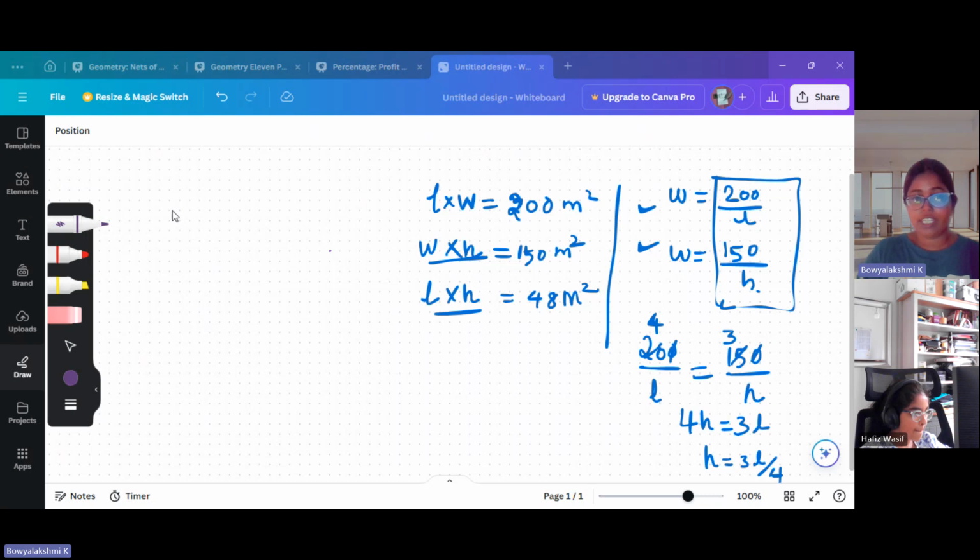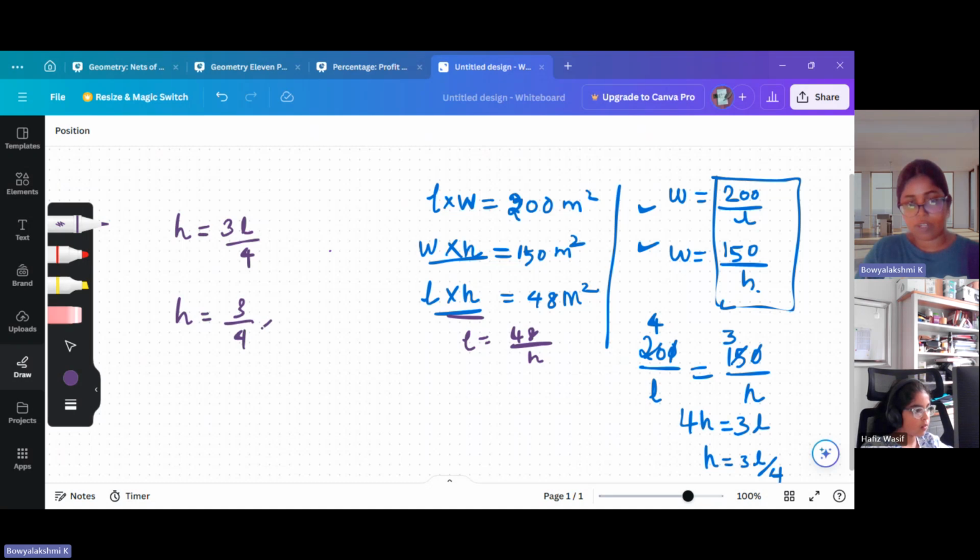Okay, the problem doesn't end. H is equal to 3L by 4. And what is L? 48 by H. Oh my God. So let's substitute 48 by H for L. H is equal to 3 by 4 times, in place of L, you put 48 by H. And take the H there.